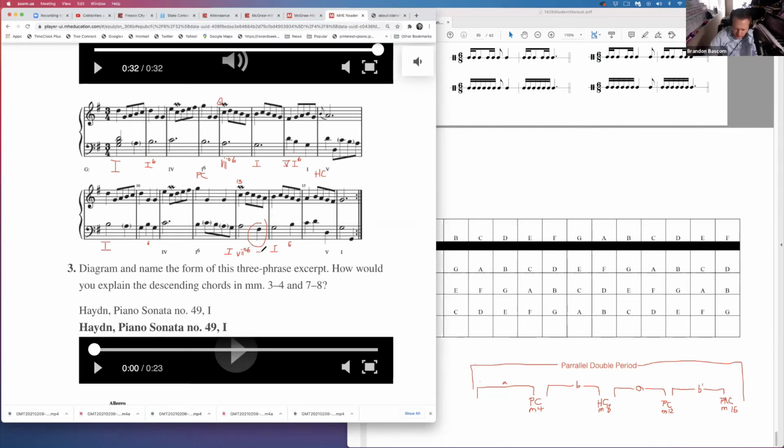And then it's just normal there. We need a first inversion 6 here, right?